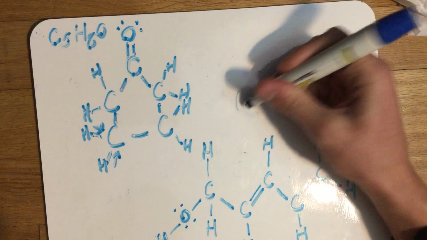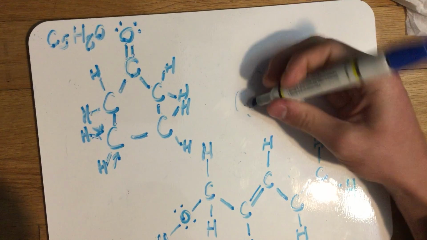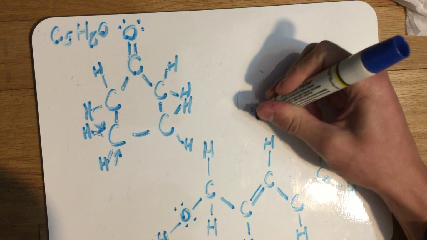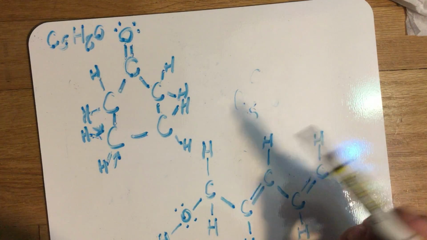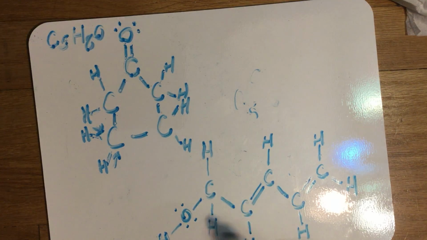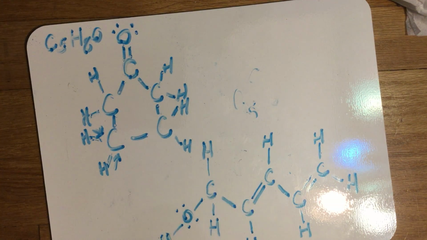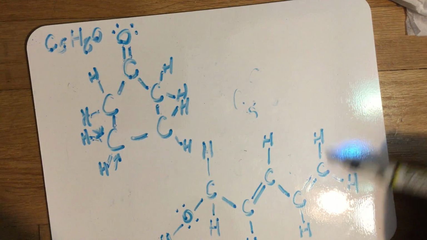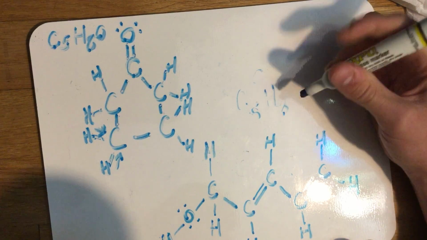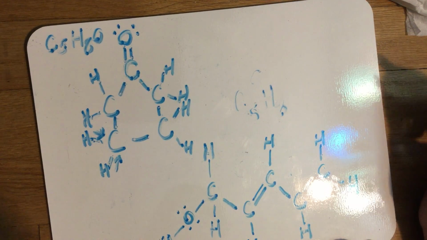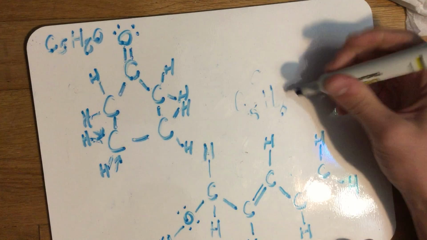We have C5. That won't show up, but you can just trust me. And then we have, wait, start from the corner, 1, 2, 3, 4, 5, 6, 7, exactly 8 hydrogens. Still can't see it too well. And we have our 1 oxygen.